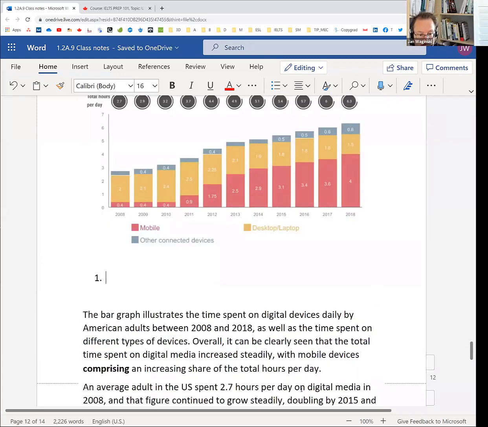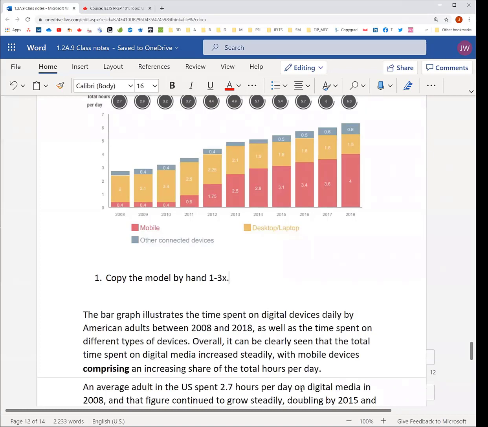Stage 1, copy the model by hand 1 to 3 times. Just write it out slowly. Let it sink in to your bones. This is a time-tested technique of copying a model of the kind of writing that you want to do.